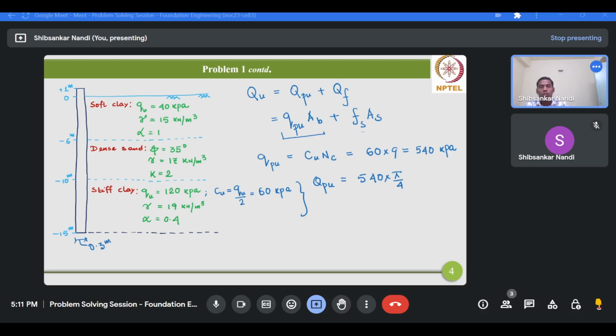So 540 multiplied by pi by 4 into 0.3 square will give you the ultimate point bearing resistance as 38.2. Okay, so this is for the ultimate point bearing resistance.